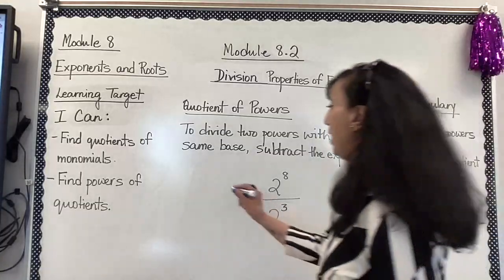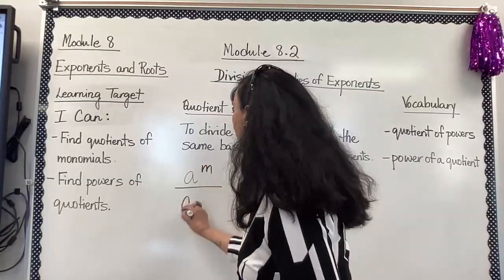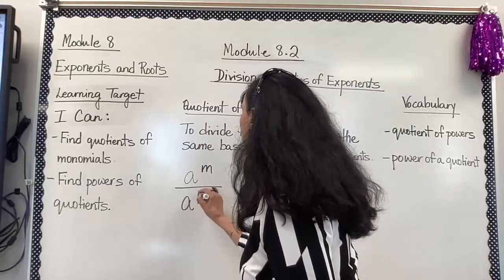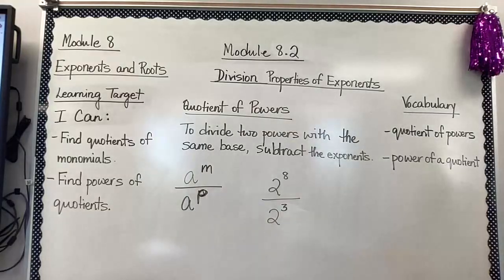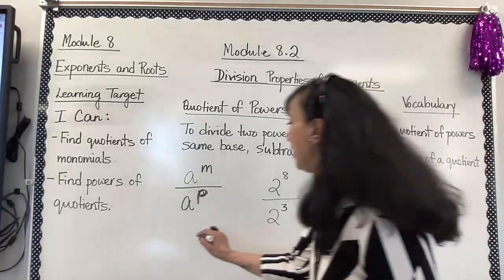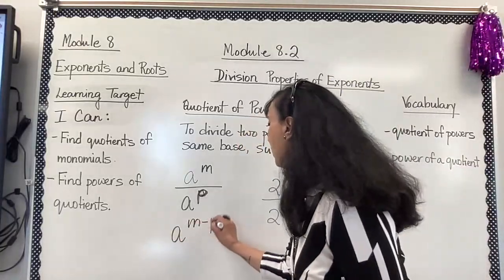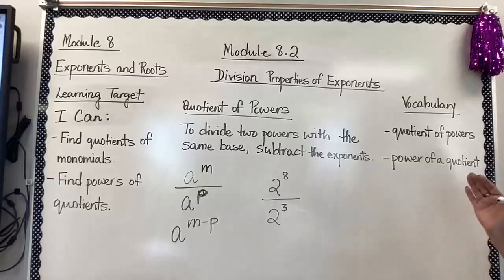So if I say a and we have the integers m and p, okay, so if I have this, all I'm going to do is I'm going to take a and I'm going to do m minus p. You're just subtracting the exponents.